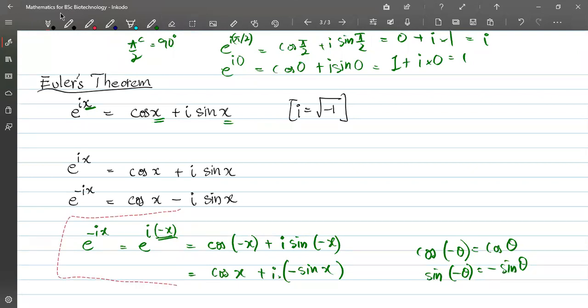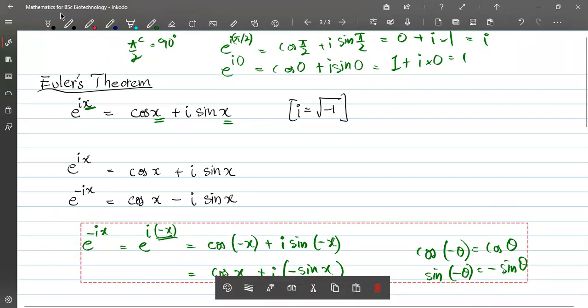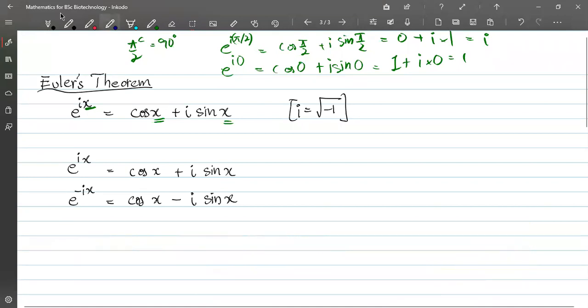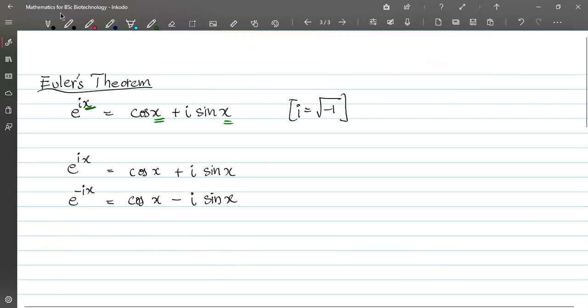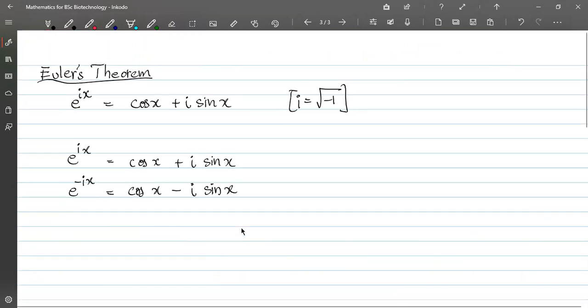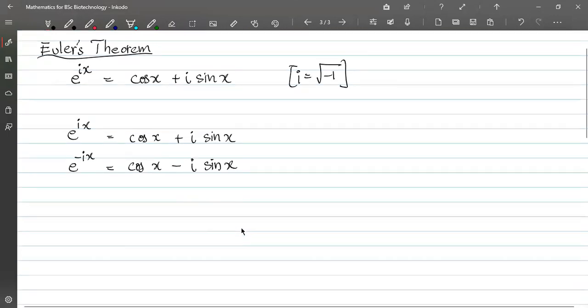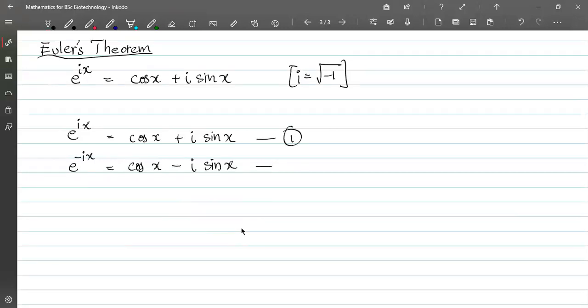Hope you understood how we got that. Okay. So we have these two expressions. Let's say equations 1 and 2.